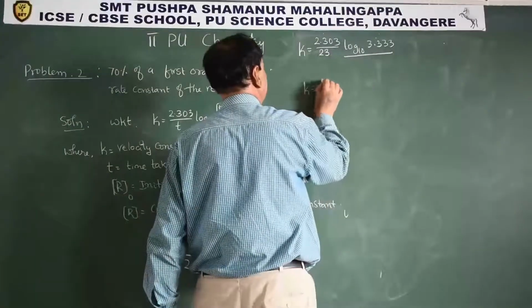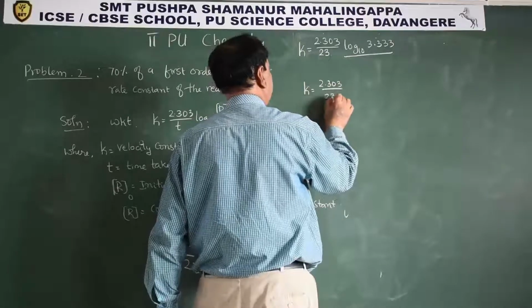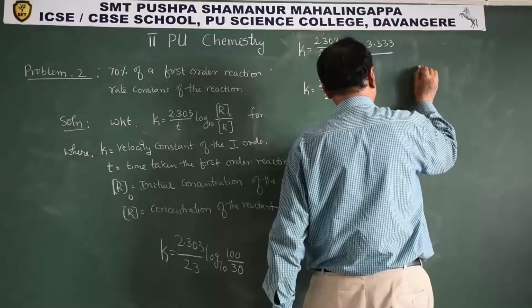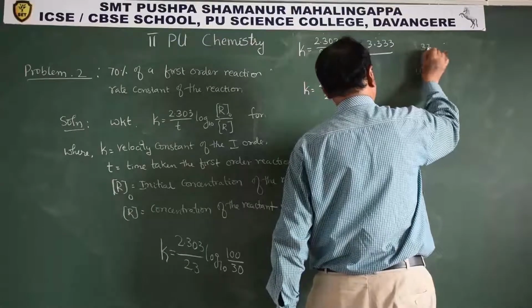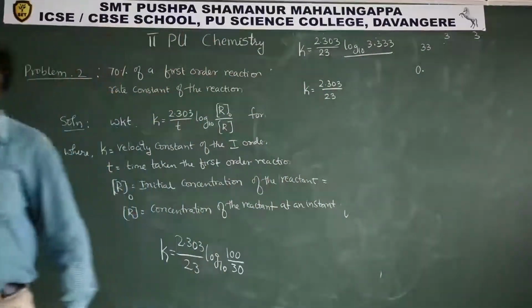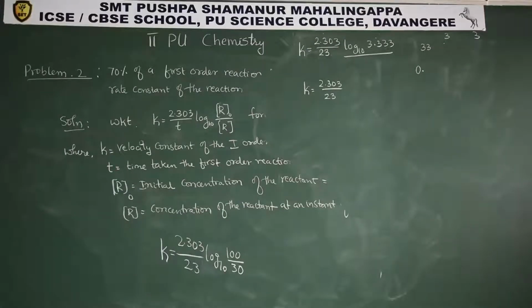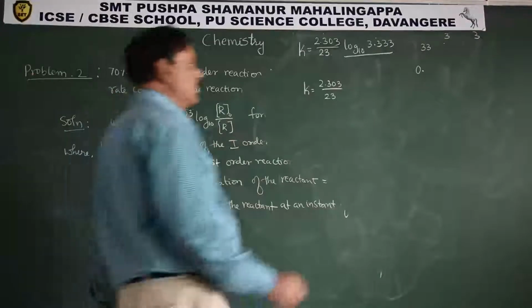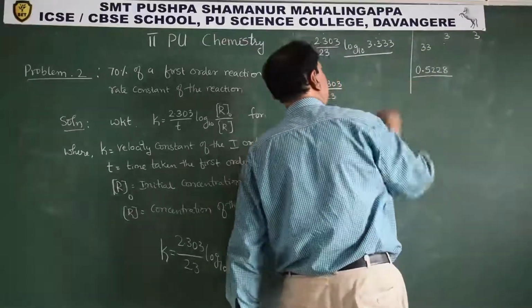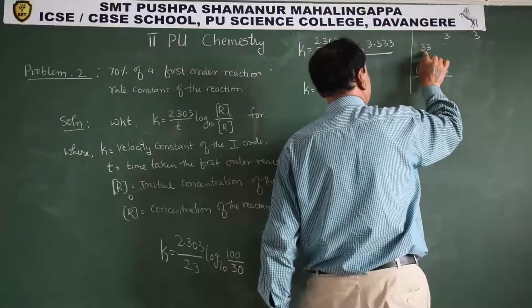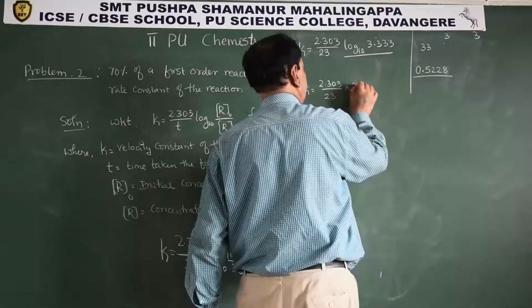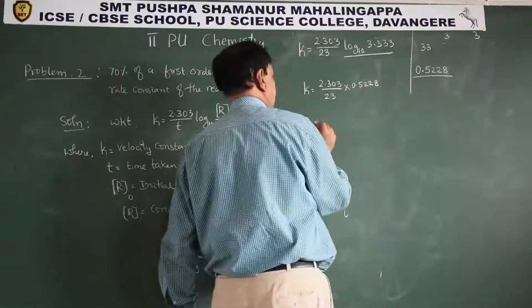Therefore, K is equal to 2.303 divided by 23 times log of 3.33. From the logarithm tables, the characteristic is 0, and the mantissa for 3.33 is 0.5228. So log 3.33 is 0.5228.